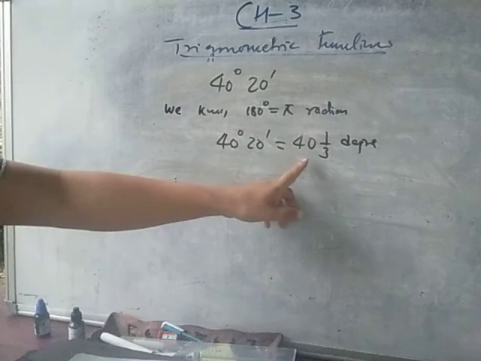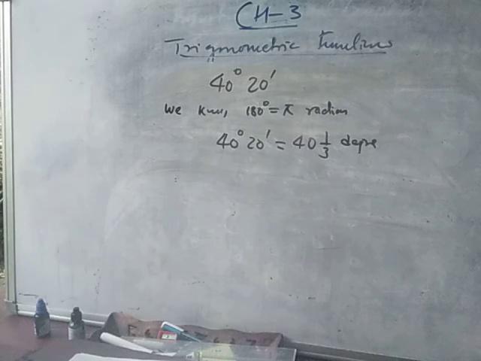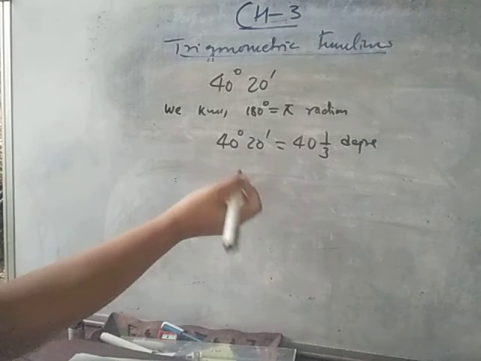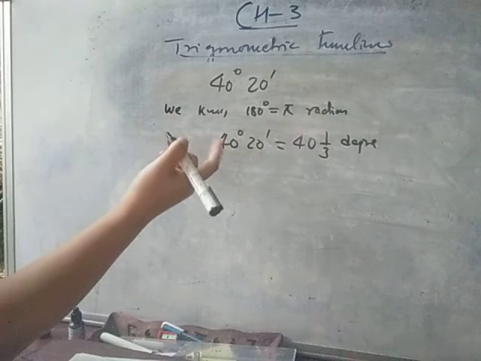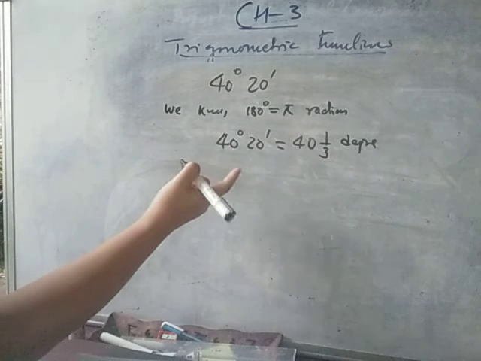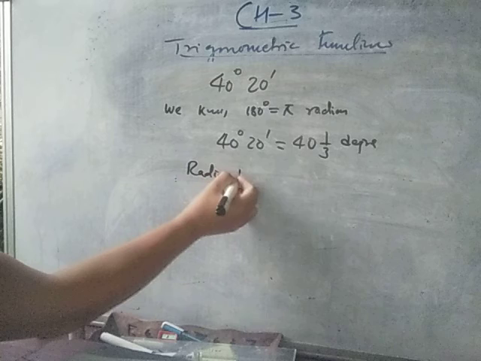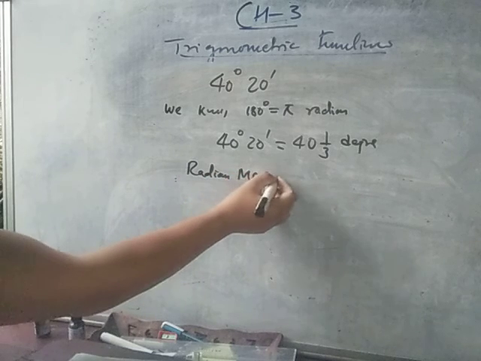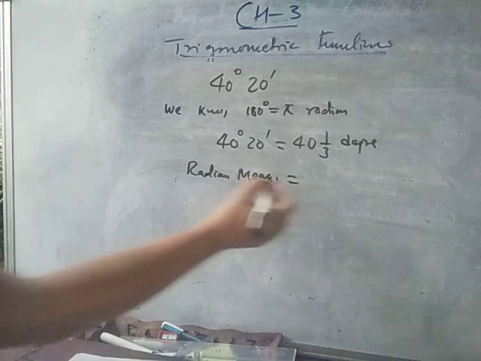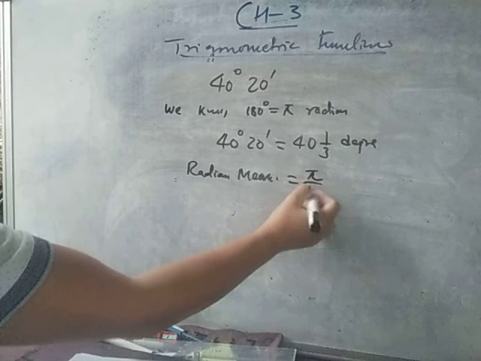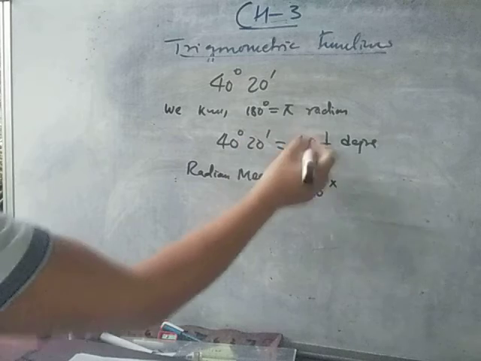So this is in degree measure, so you need radian, isn't it? So radian measure equals to how much? Pi by 180 into degree measure, isn't it?